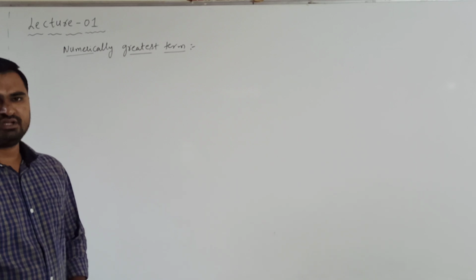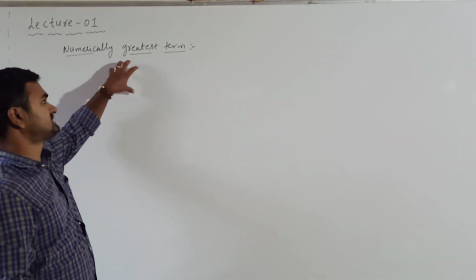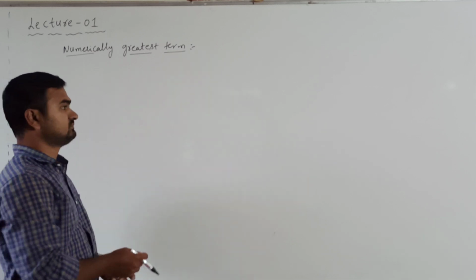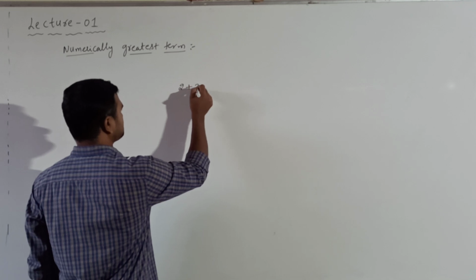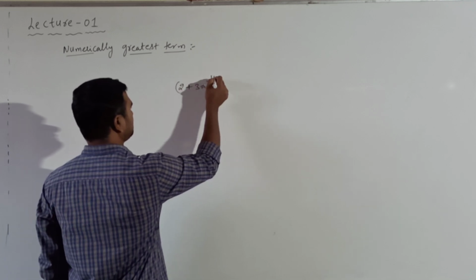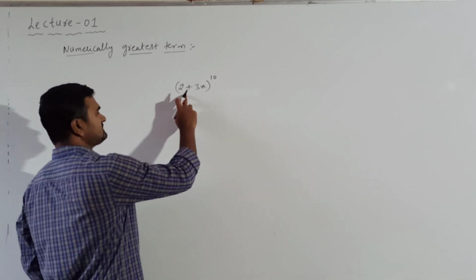So what is the difference between the greatest binomial coefficient and the numerically greatest term? Let us see a simple example. If I write the expansion like (2 plus 3x) whole power 10, what is the expansion?